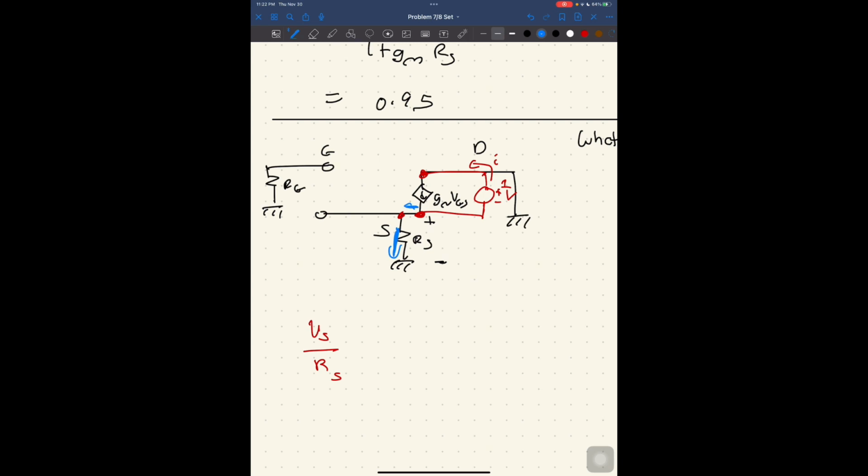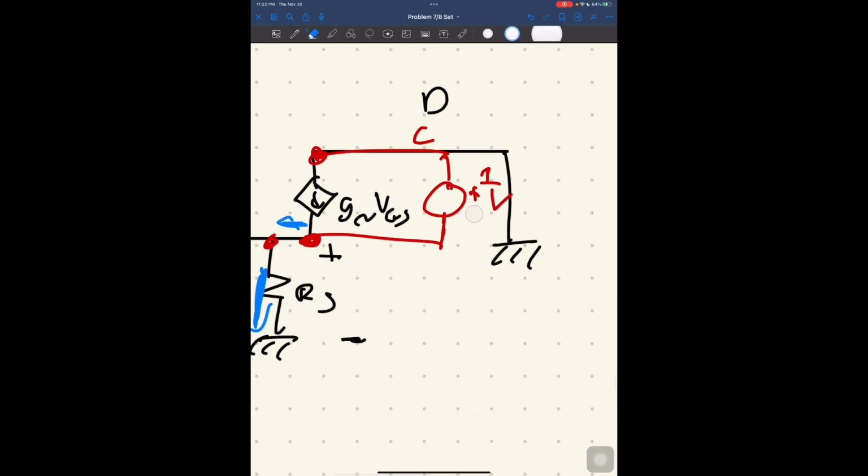And we have gm VGS. What if I did it the other way, just to make life simpler?